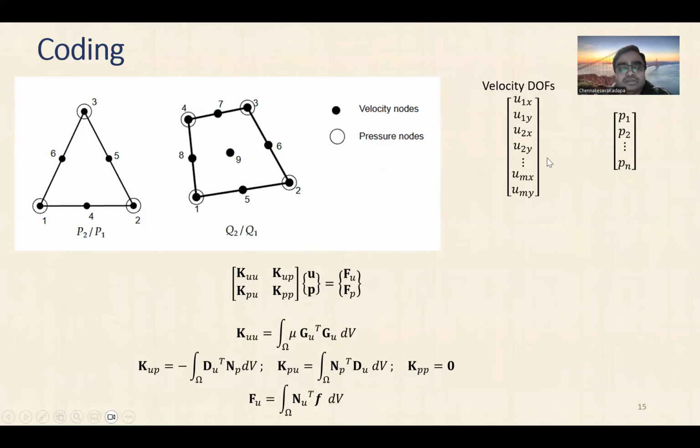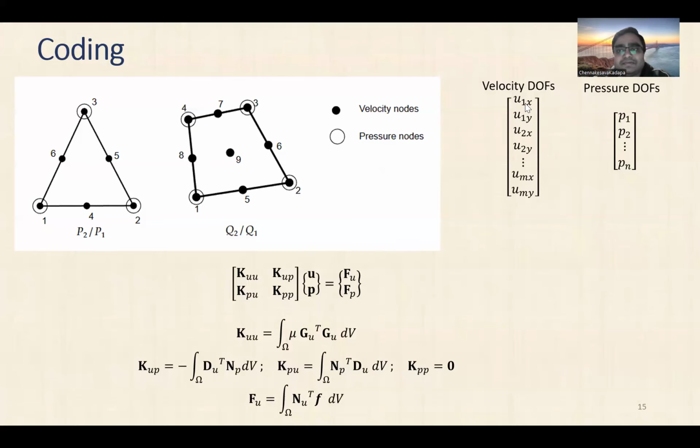Again, we represent our degrees of freedom as arrays. First, velocity degrees of freedom. If there are m nodes, we will have 2 by m velocity degrees of freedom, and if there are n pressure nodes, we have n pressure degrees of freedom.